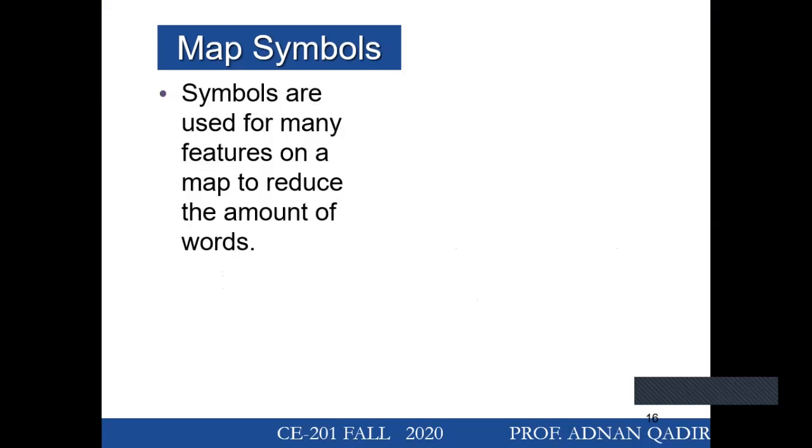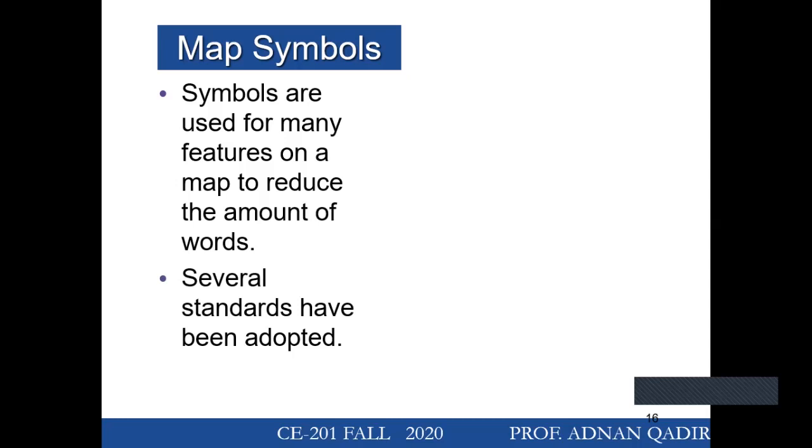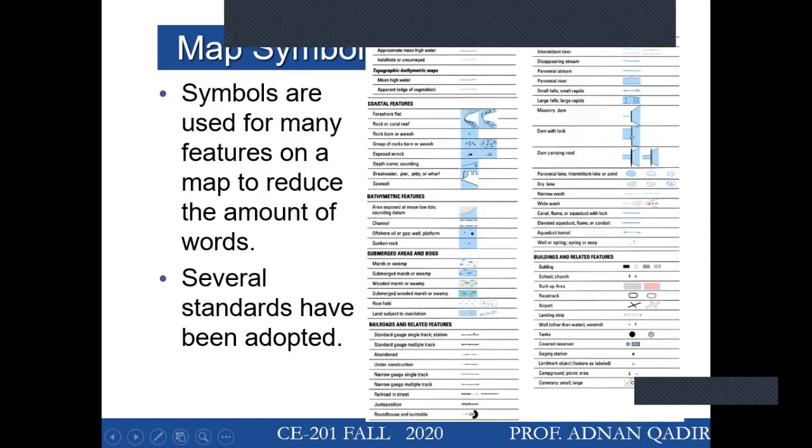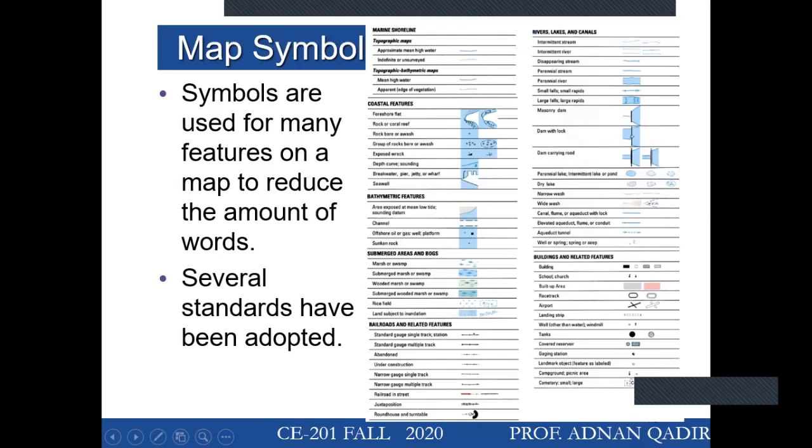Now, every map has symbols, and symbols are used for many features on a map to reduce the amount of words. There are several standards that have been adopted. Like you see, a rock is shown by this shape. Topographic features, submerged areas, the railroads, everything has its own symbol.